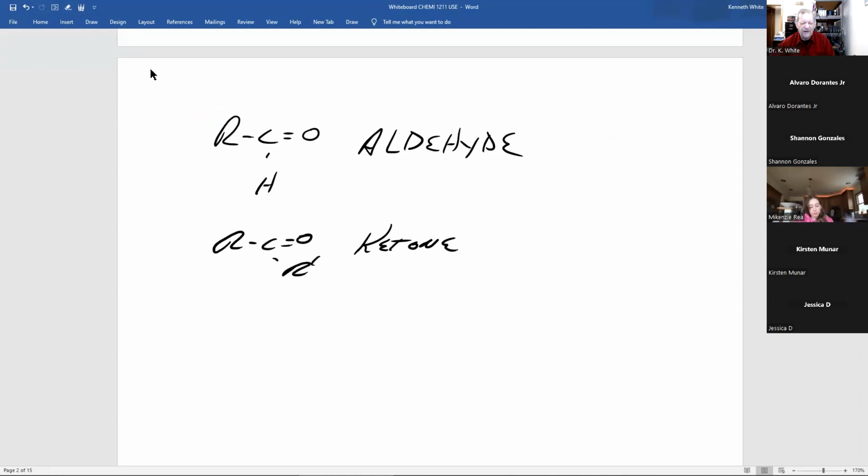Remember, this is a carbonyl, carbon double bond oxygen. You should know how to write and describe with words what a carbonyl group is.